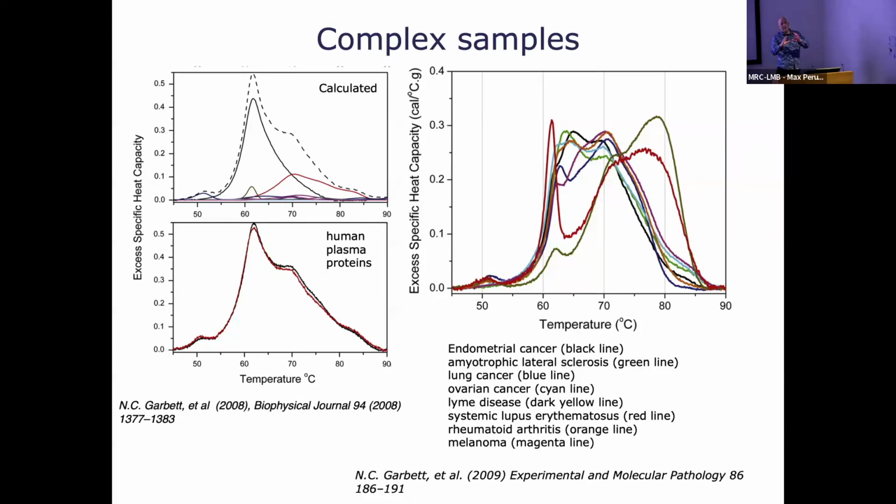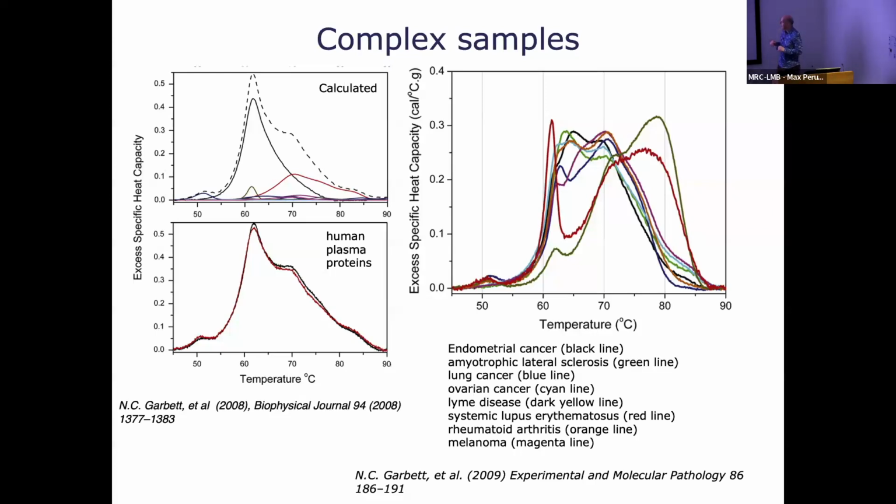And this is not because there are different levels of protein. What they think is going on is that in these different diseases there may be differences in metabolism, or differences in, say, release factors or things that are breaking down. And they may all be sticking to the plasma proteins, and that's changing these traces.